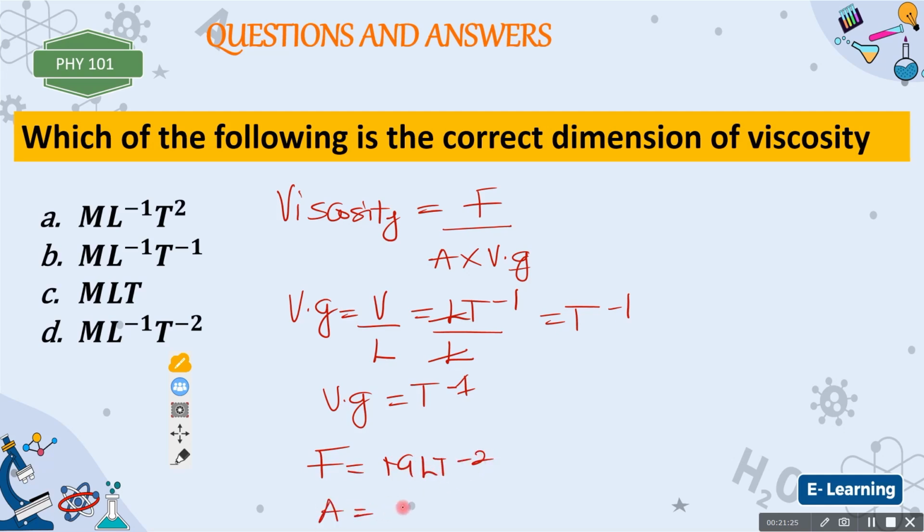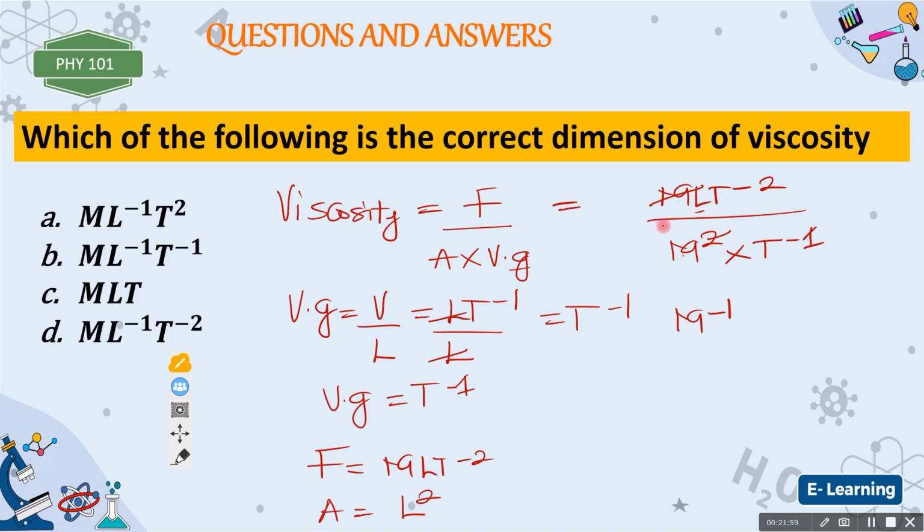What is the dimension for area? Area is L squared. So at the end of the day, this will give us MLT minus 2 divided by L squared times T minus 1. Now, L squared will cancel one of the L here. Then the M will still remain.